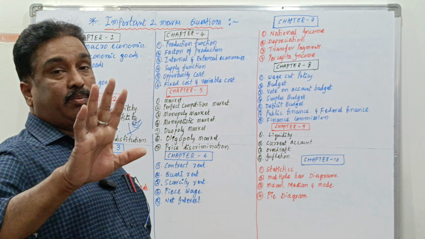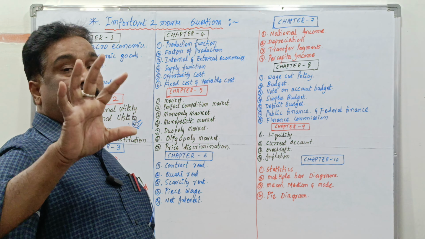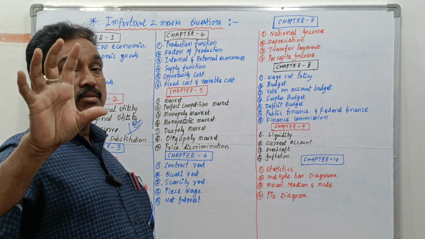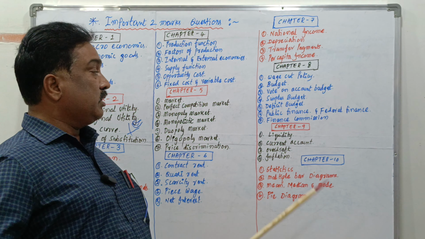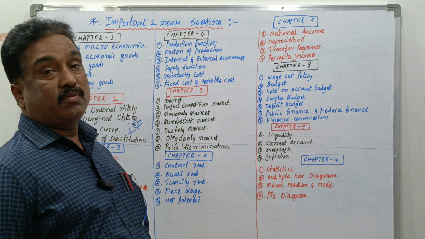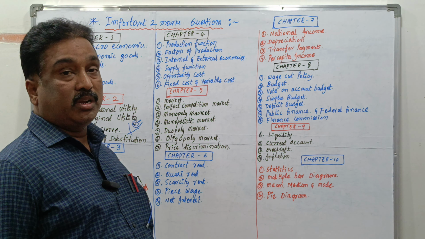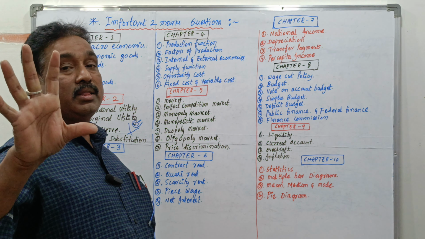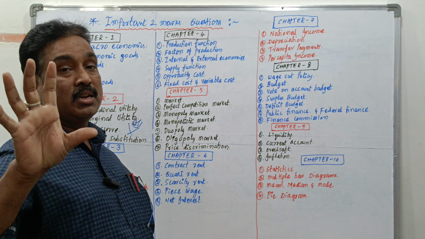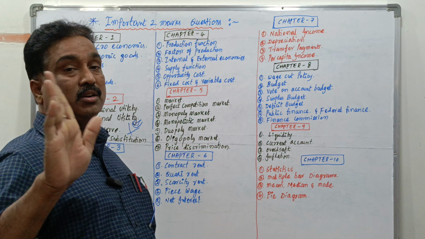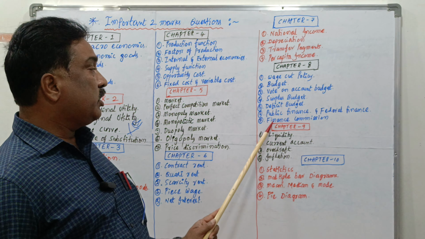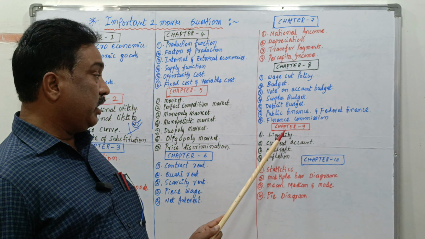What is their relationship? There is one commission called the Finance Commission. First time it was set up in 1951. Its main aim is to allocate funds and resources from the state to the center and the center to the state. Both are important topics in chapter 8.